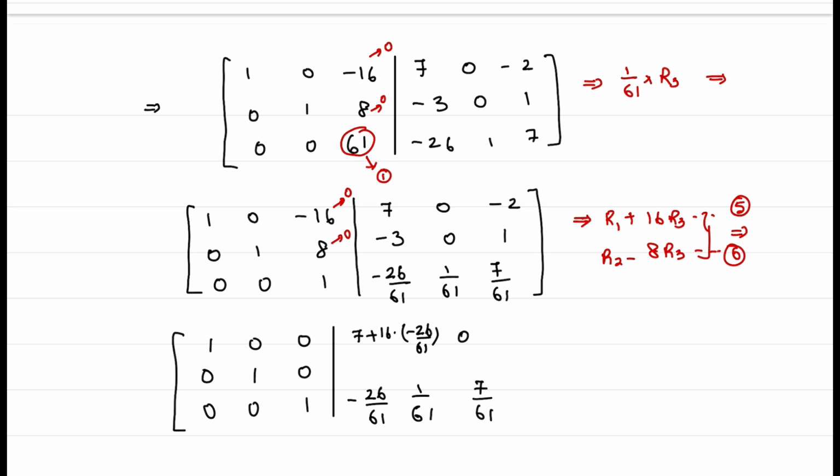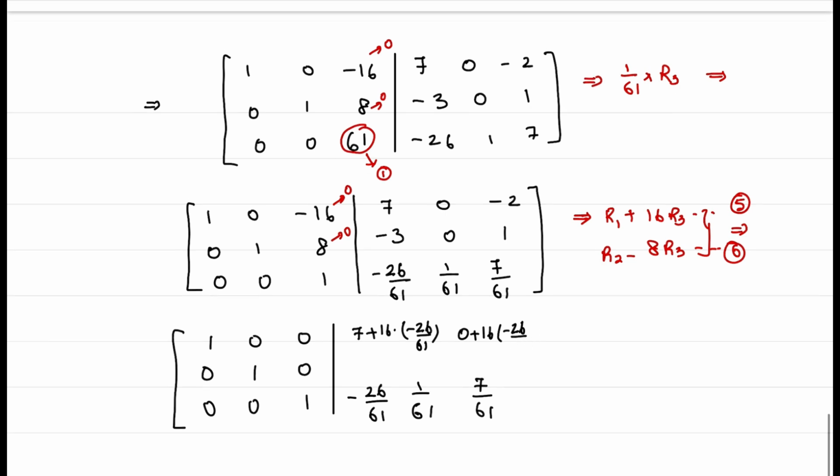R1 is 0 plus 16 into 1 by 61, because we have to do it for this. Third is minus 2 plus 16 into 7 by 61. Similarly, R2 minus 8 R3.